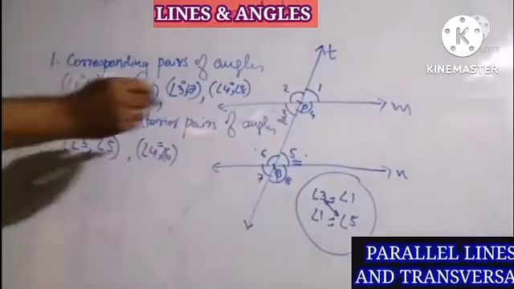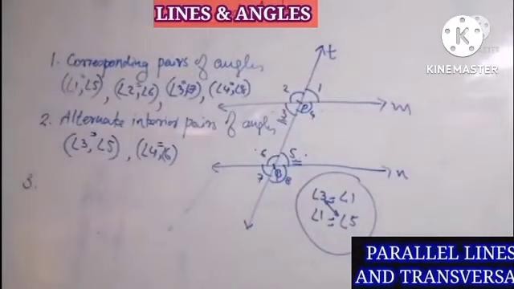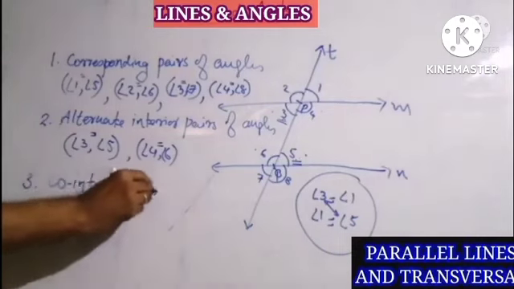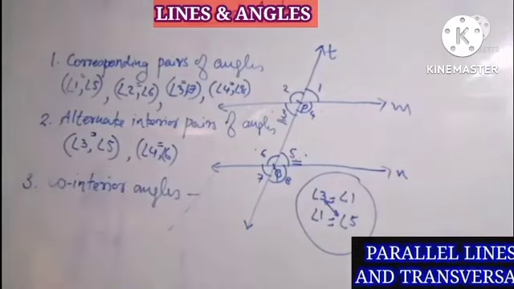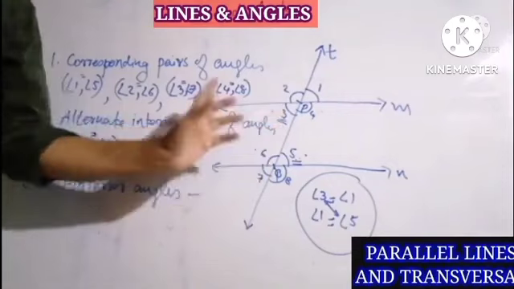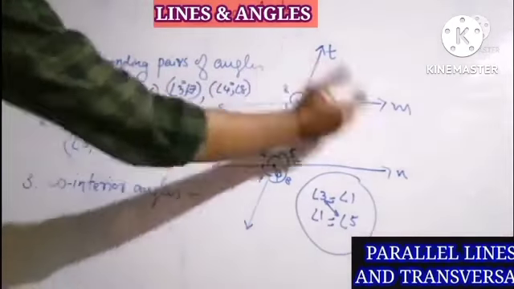So 3 and 6, and 4 and 5, are called co-interior pairs of angles, or interior angles on the same side of the transversal.